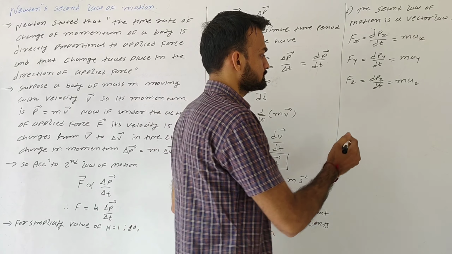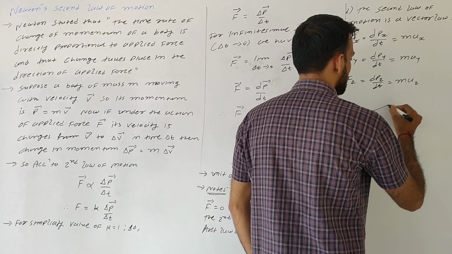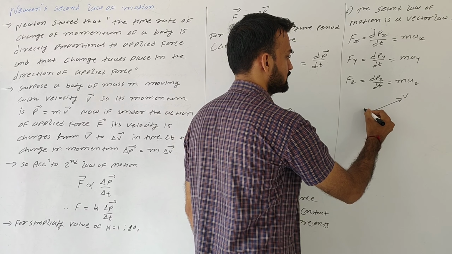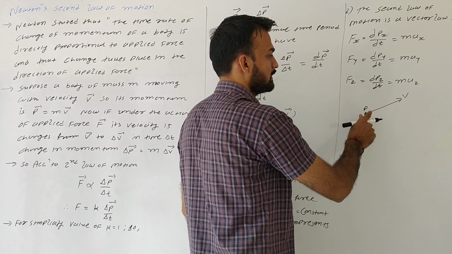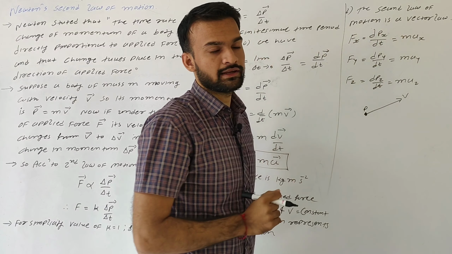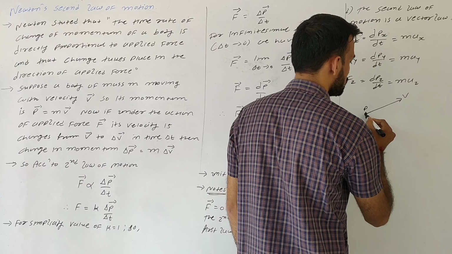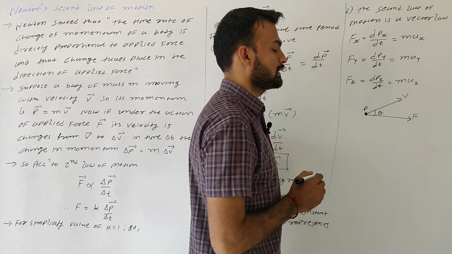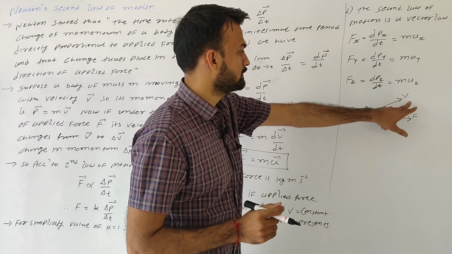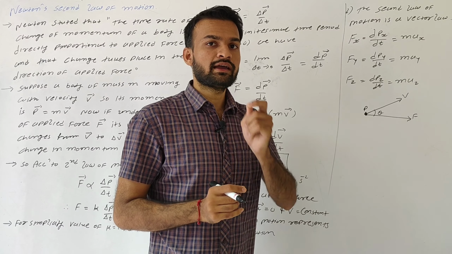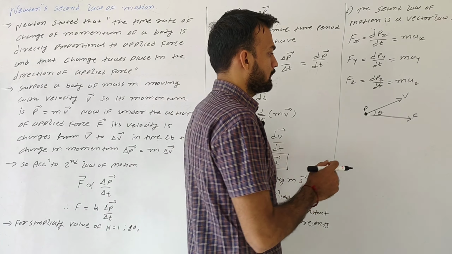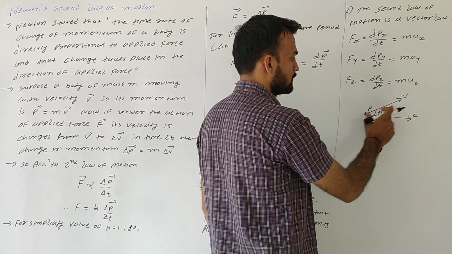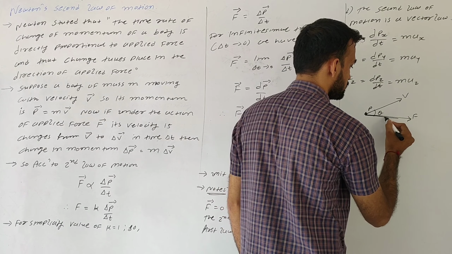So here if there is some angle between the velocity vector of a particle, or body, which is at P, having a velocity vector in this direction, and the force is acting in this direction, with an angle theta between them, then this body has two components of velocity.